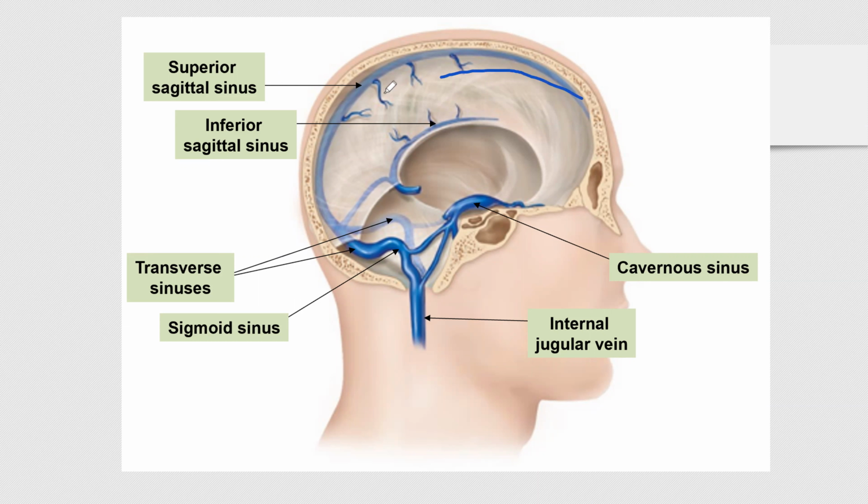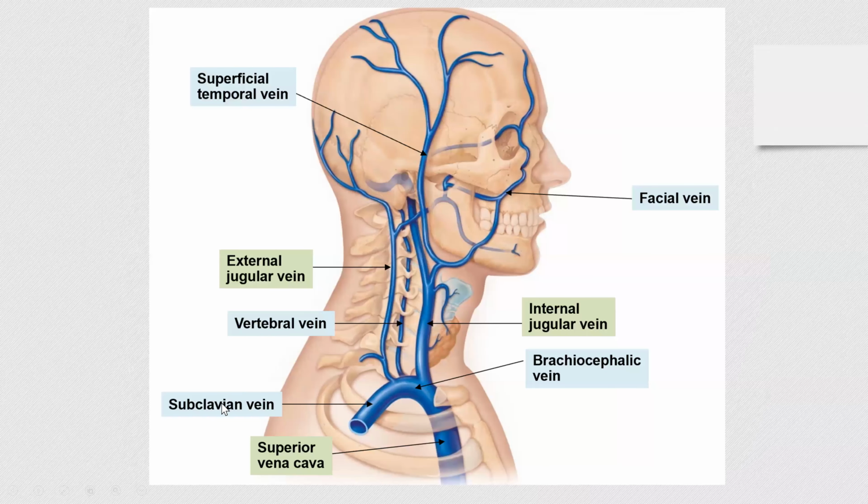So we have superior sagittal sinus, we have inferior sagittal sinus, transverse sinus, a sigmoid sinus that looks like an S, and cavernous sinus. So all the sinuses pick up blood from the brain and carry it into the internal jugular vein. And you remember the internal jugular vein over here, right? So here's our internal jugular vein.